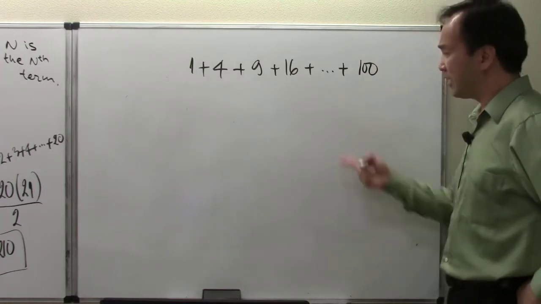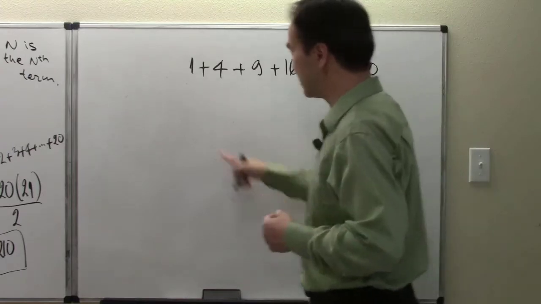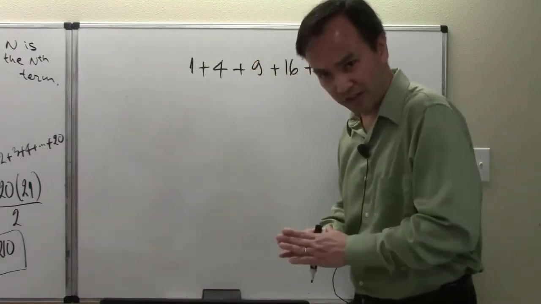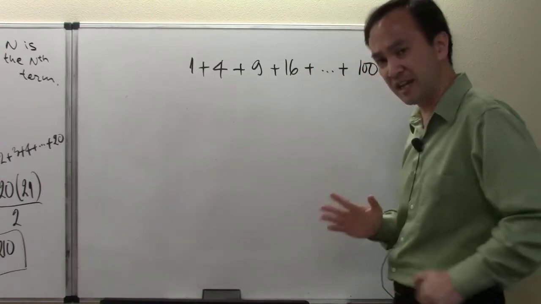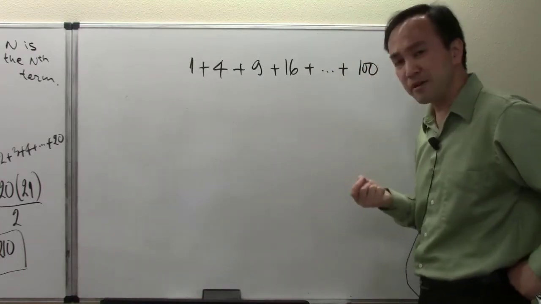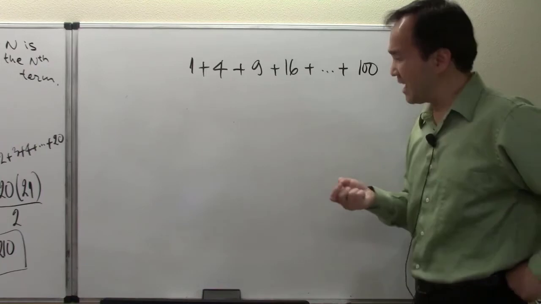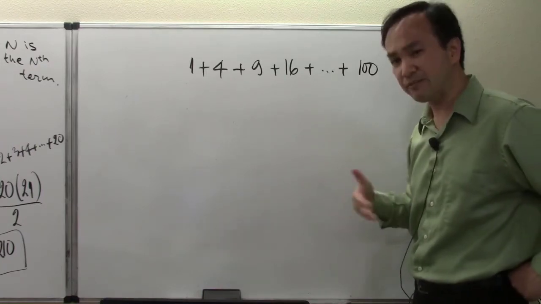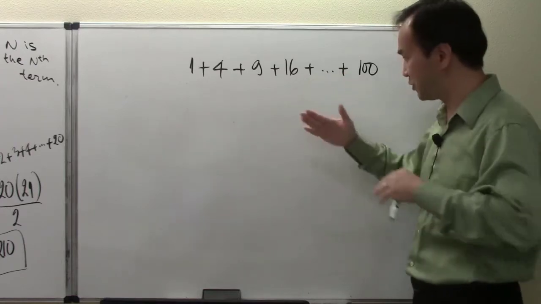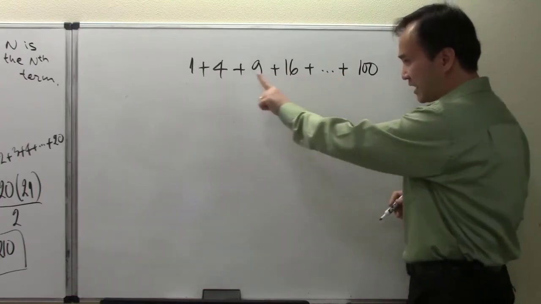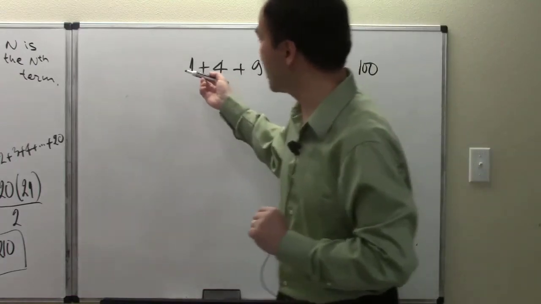Of course, just like I explained earlier, this video lecture is intended primarily for calculus students, and a high enough majority of them can quickly recognize this. You can see that each term here is a square.